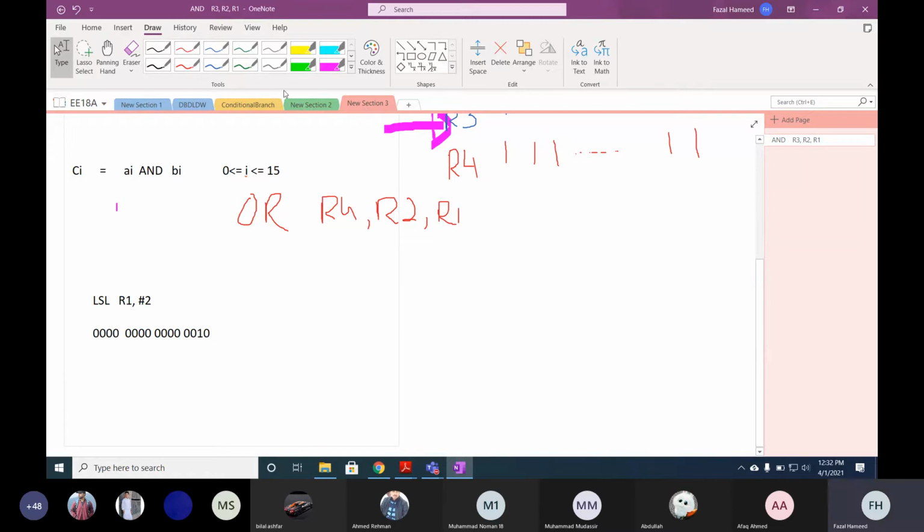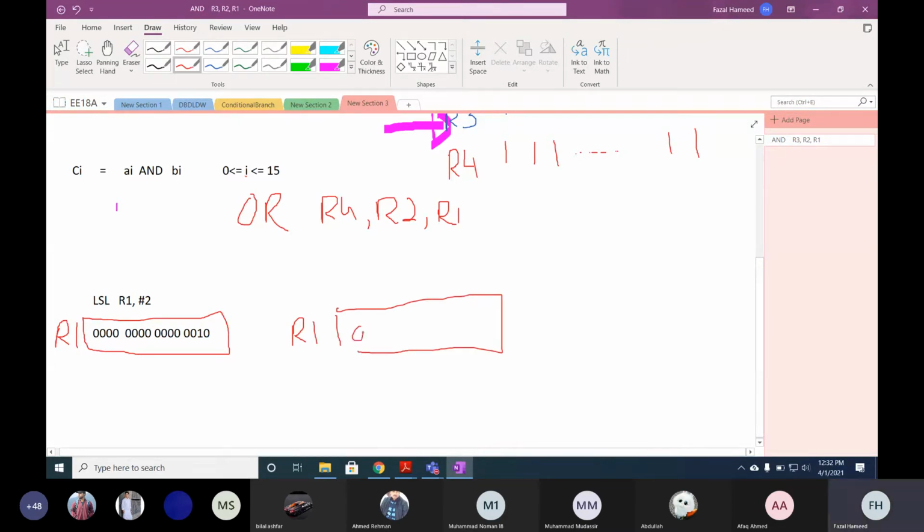So what will be stored in R1 now? Let's assume this is the contents of R1 before the execution of this instruction. So what are the contents of R1 in hexadecimal? 0, 0, 0, 2. Am I right or not?